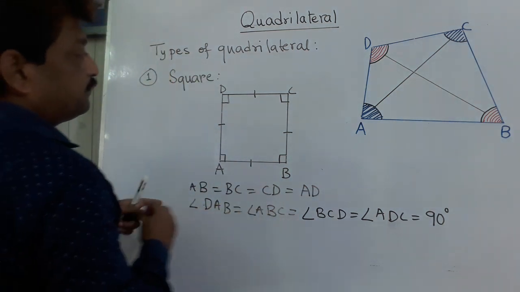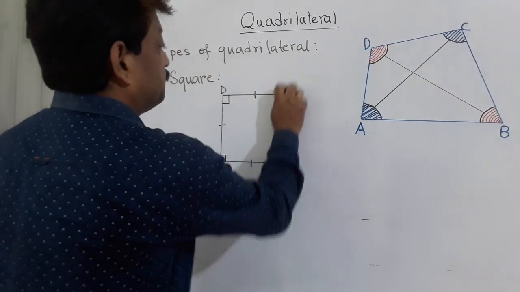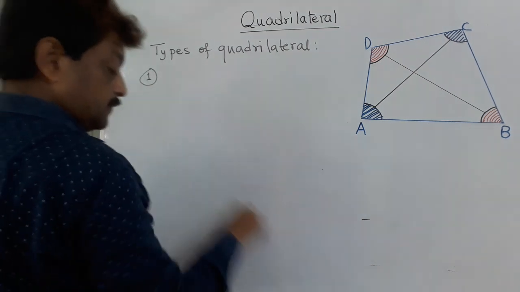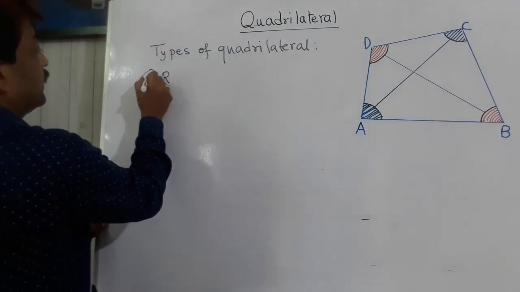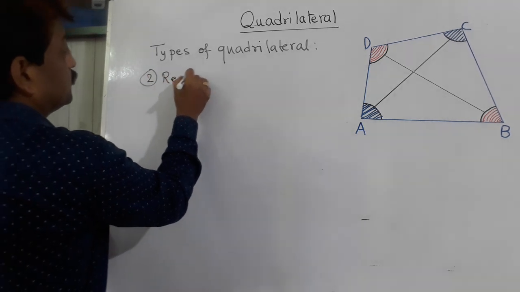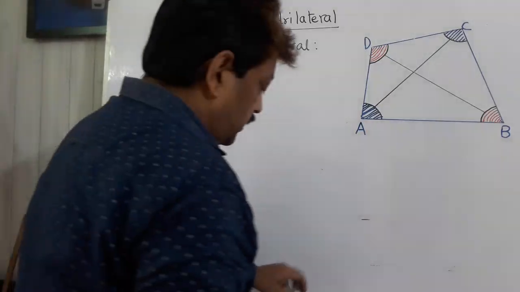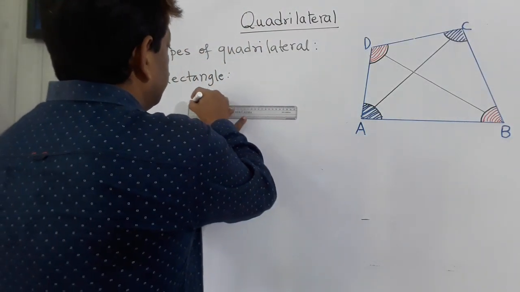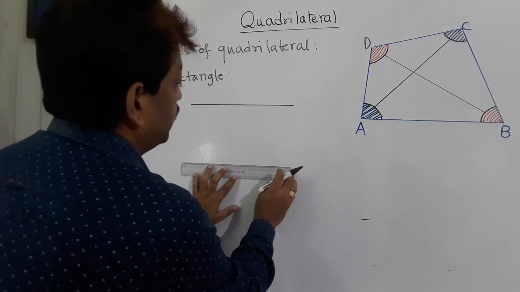Then the next one is a rectangle. Rectangle, the second type. So what is the rectangle? It is also a quadrilateral in which the opposite sides are equal.